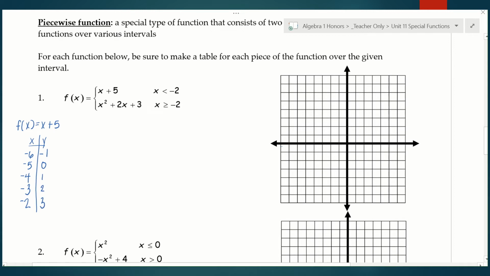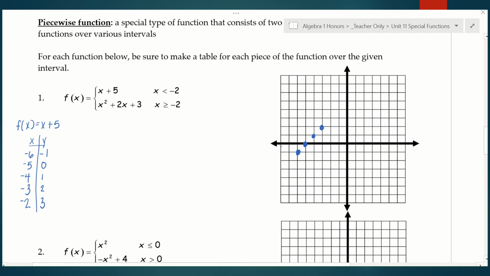All right, so once you have your points, we can go ahead and plot them. So when x is -6, y is -1. -5, 0, -4, 1, -3, 2.